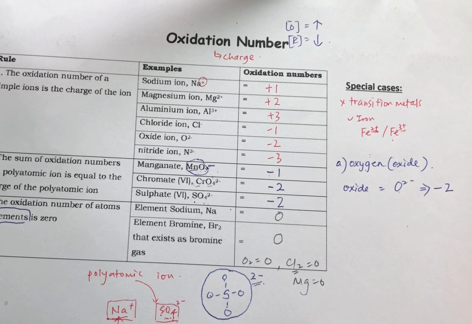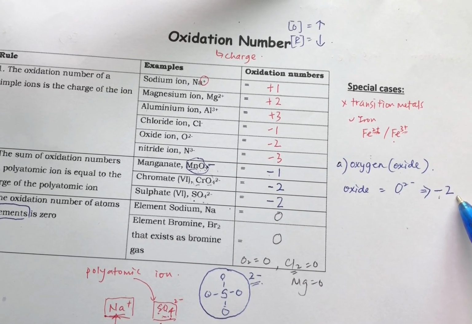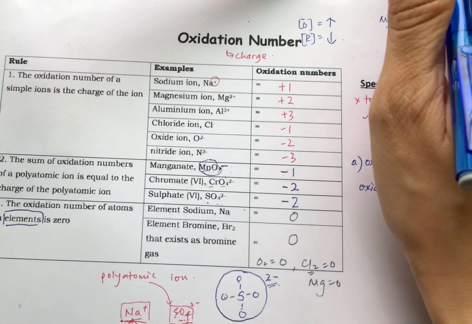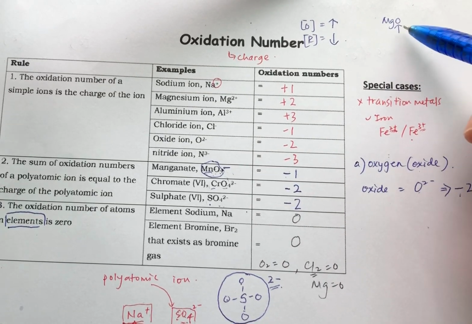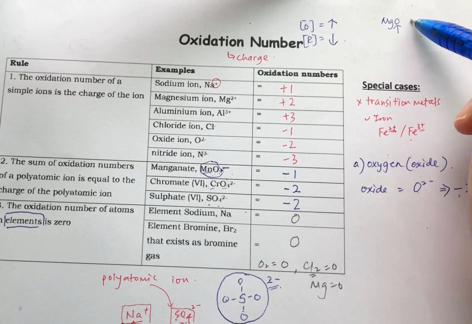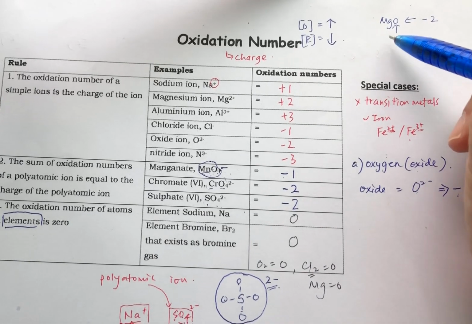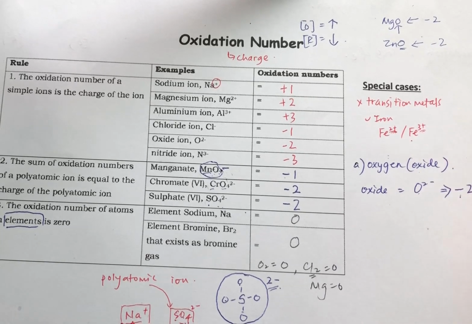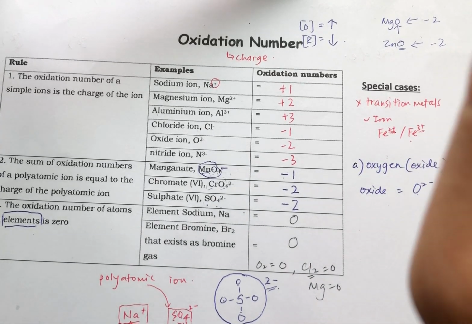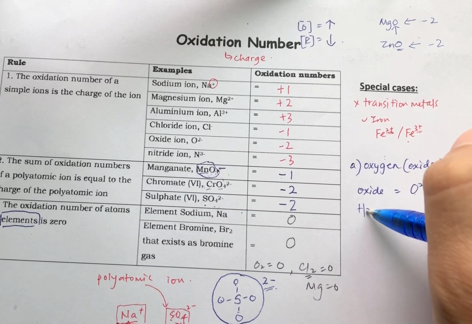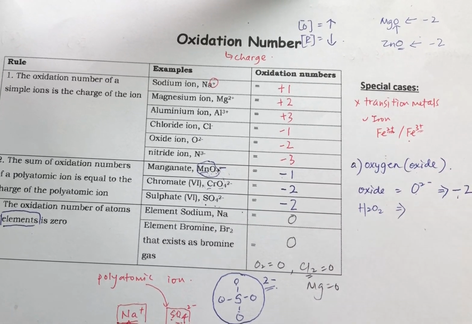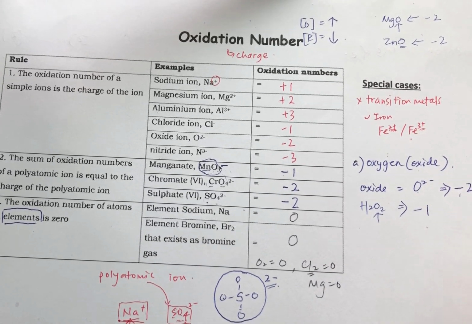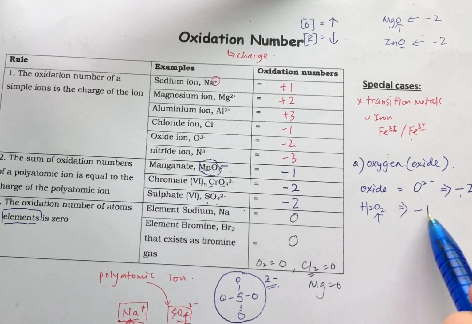So remember, most of the time, oxide is -2. For example, when I have MgO, if I ask you what's the oxidation number of oxygen in this compound, of the oxide ion, it will be -2. In zinc oxide, the oxidation number is also -2. Except for one compound, and that compound is H2O2. In here, the oxygen carries a charge of only -1. This is something you have to memorize. In H2O2, oxygen is -1.